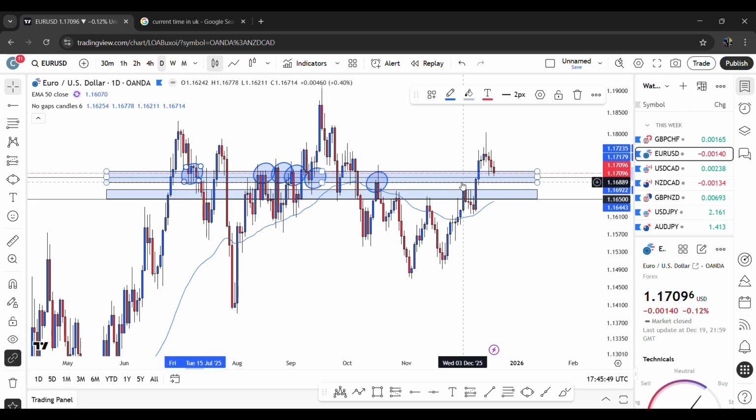So we got 6 touch points on this area of interest. We need a minimum of 3 touches to consider it a valid area of interest. So we got 6 over here.